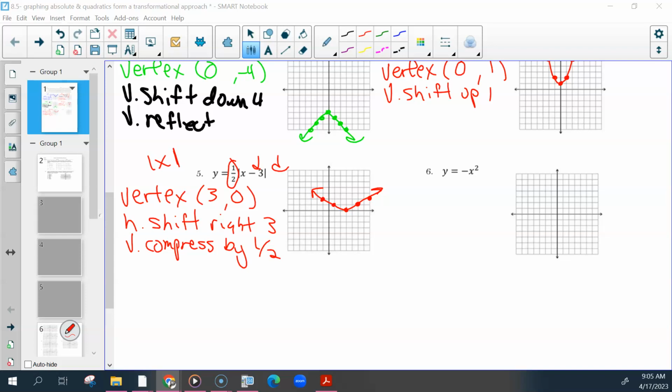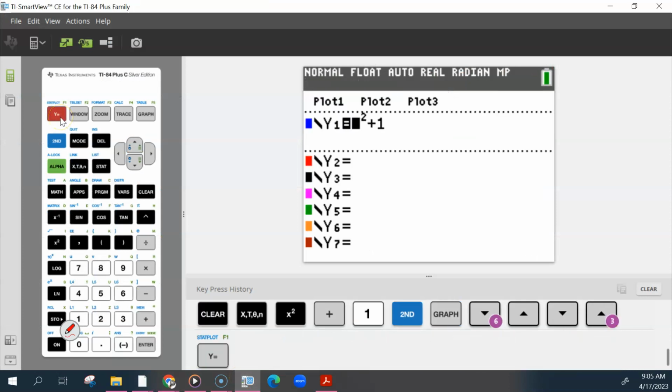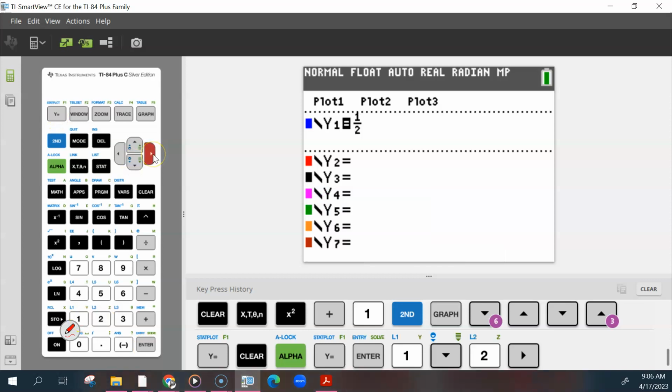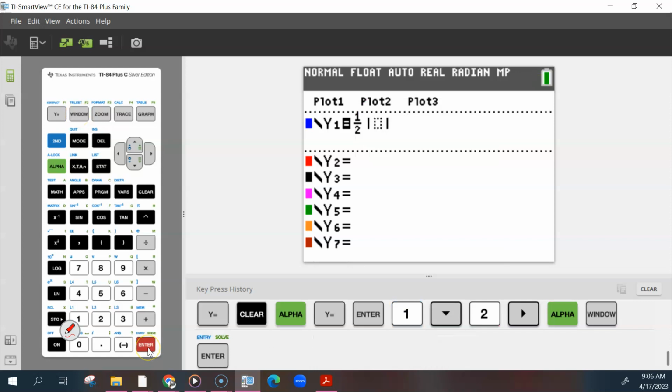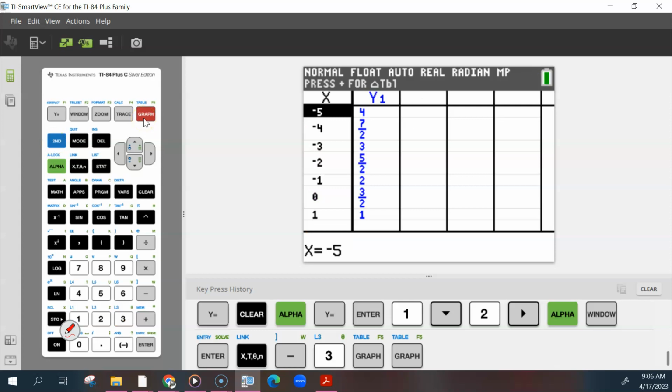So you can go ahead and start putting that in your calculator. Alpha y equals to get your fraction. So we said 3, 0 was our vertex.